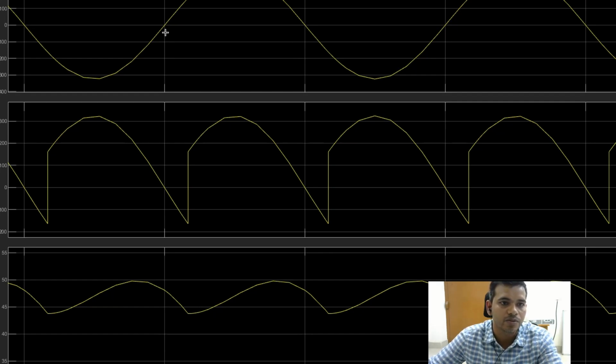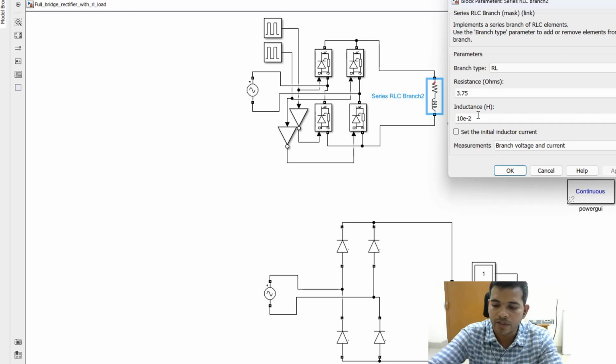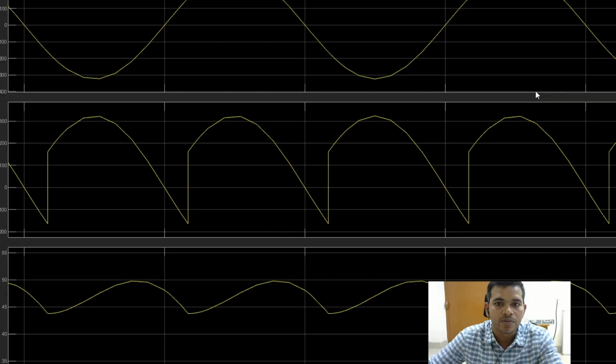I can take this as 0, this as pi, this as 2 pi. Then it will be maximum at less than pi, because of the resistance present. If you take a very small inductance value, then the output current is in the discontinuous condition.